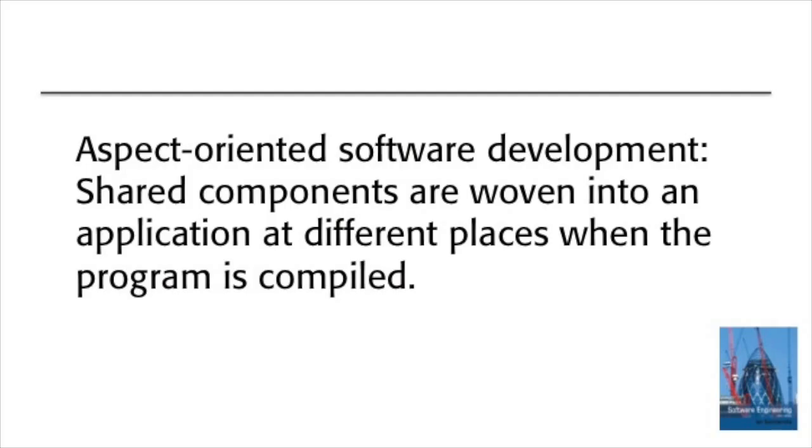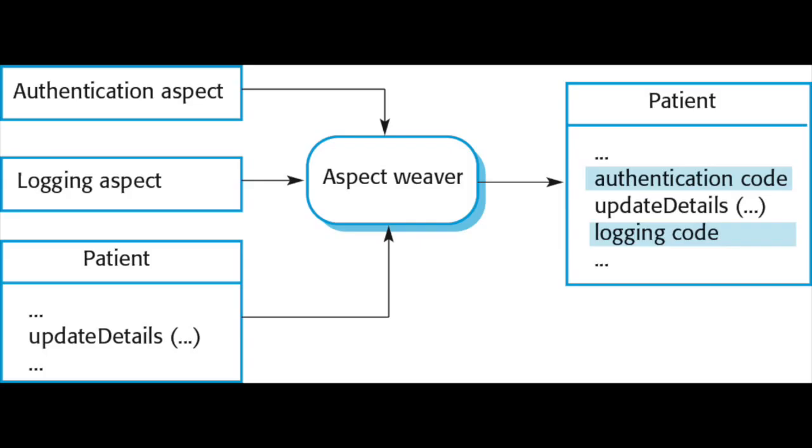Another form of reuse which links both component-based development and program generation is called aspect-oriented software engineering, where we define components as aspects and we weave these into the program in different places. This was an approach that had looked as if it had a great deal of promise, but unfortunately that promise has not yet been realised.